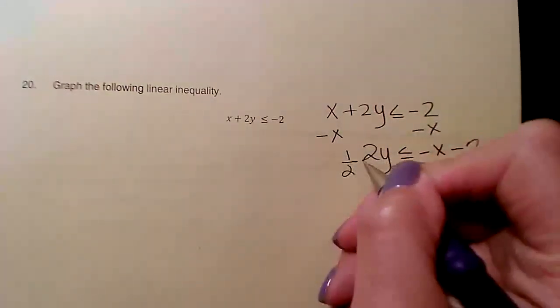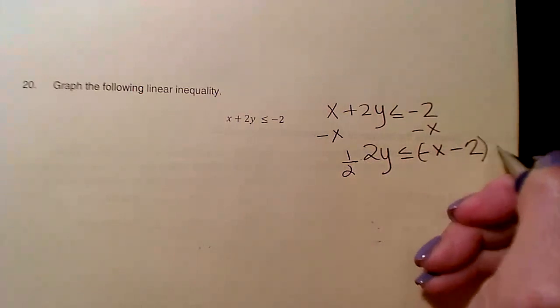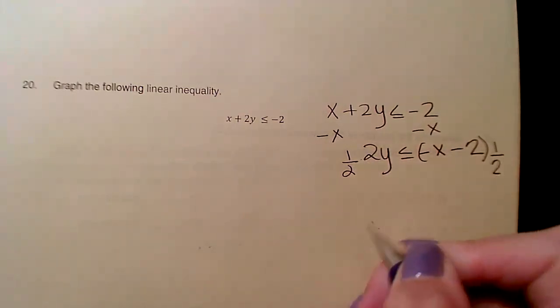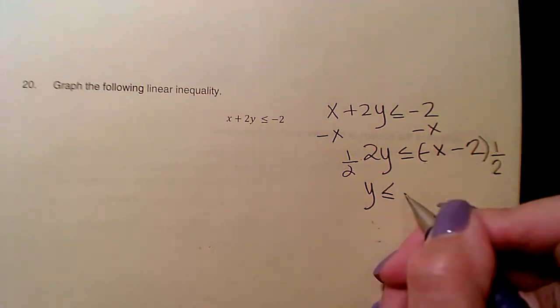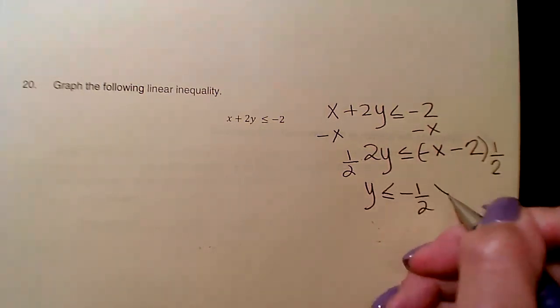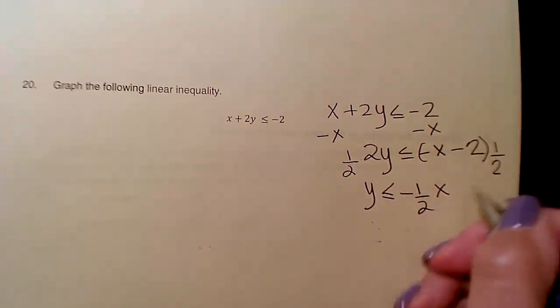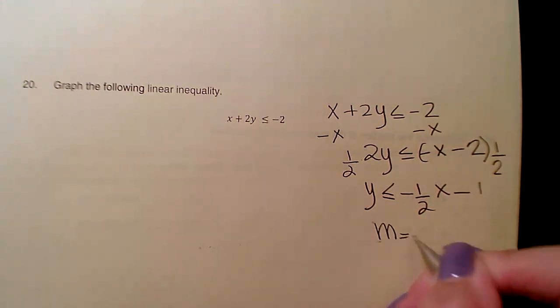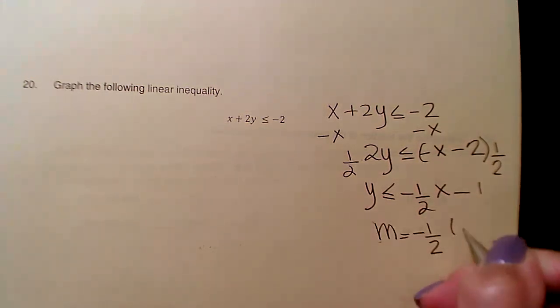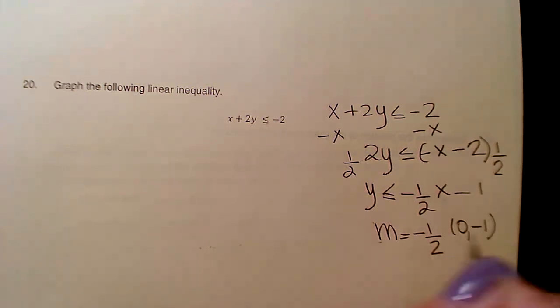Now I'm going to multiply it by the reciprocal. So it's going to be what? Still going to be negative. Negative 2 over 2 is going to be negative 1. So my slope is going to be negative, and my y-intercept is going to be 0, comma, negative 1.